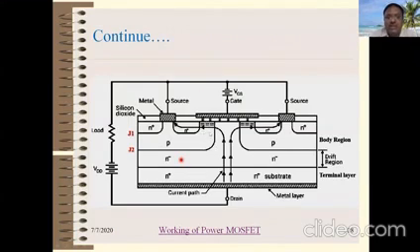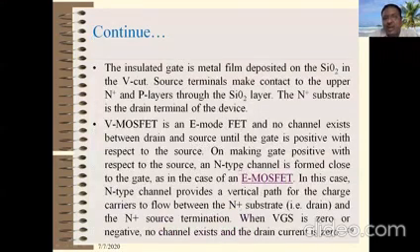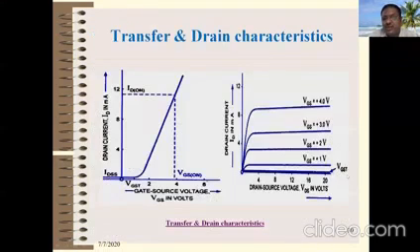If the inversion layer is not there, then current cannot flow from drain to source. So with VGS equal to 0, the drain current ID is also equal to 0. That is shown here, the last one, that is VGS equal to 0. If you see the pointer of the mouse, you can see where VGS equal to 0 is. So if VGS equal to 0, current ID equal to 0.